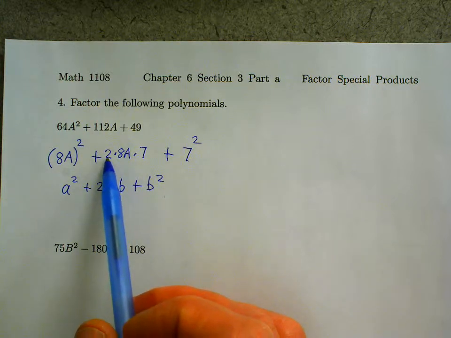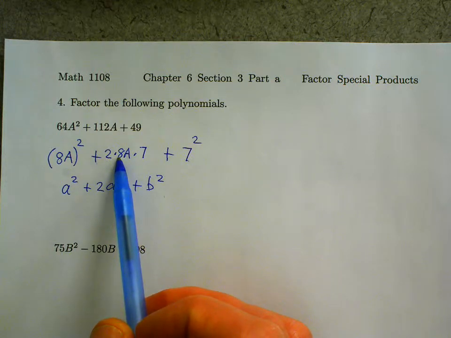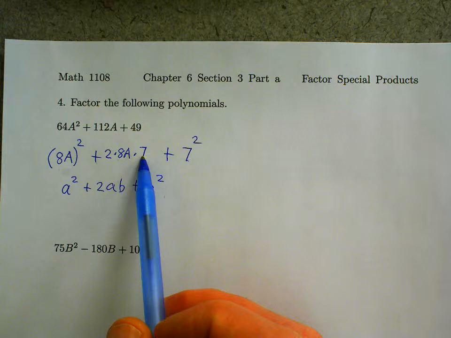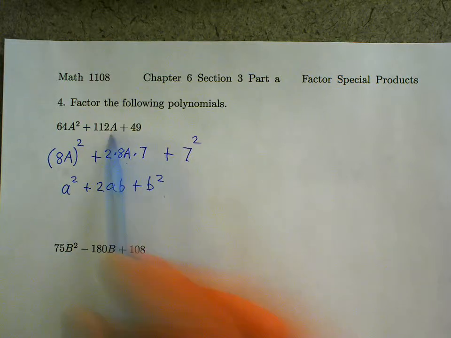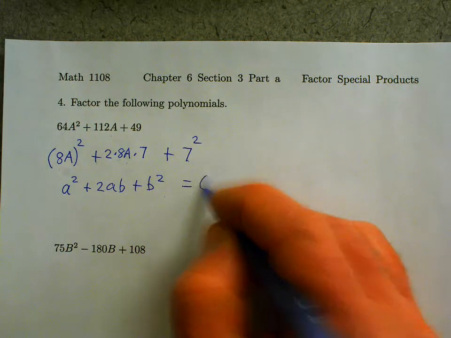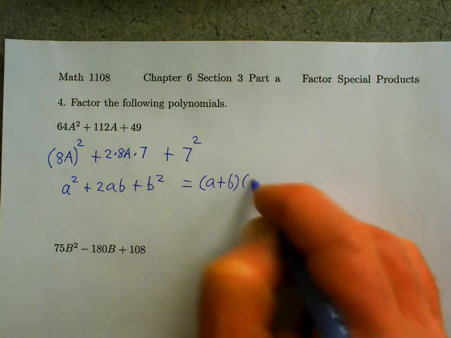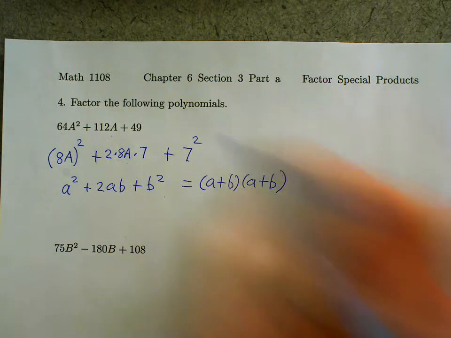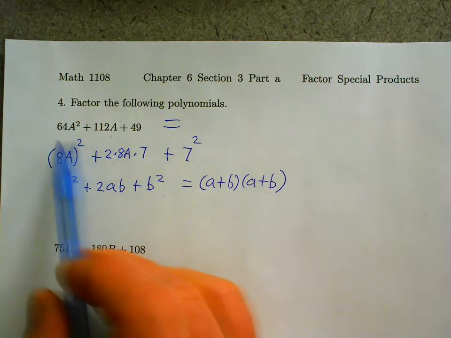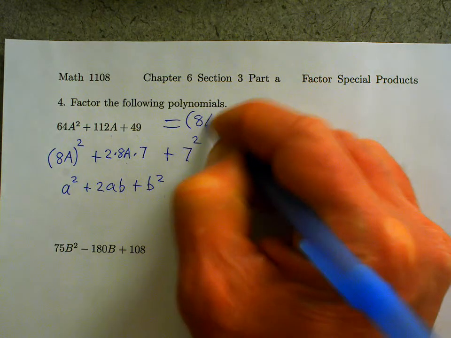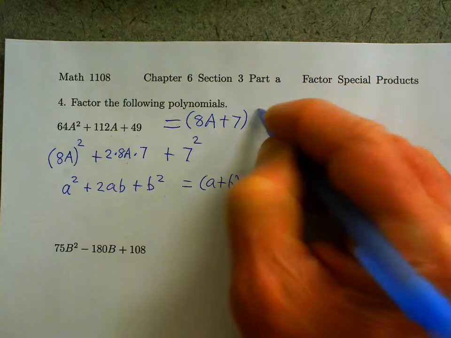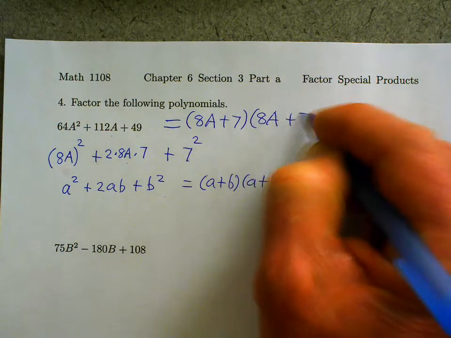Well, if we multiply the numerical factors, 2 times 8 is 16, and 16 times 7 is 112, and 112 times a. Okay, so this is a perfect square trinomial. The two factors have the form a plus b times a plus b. So the two factors of our trinomial up here then are 8a plus 7 times 8a plus 7.